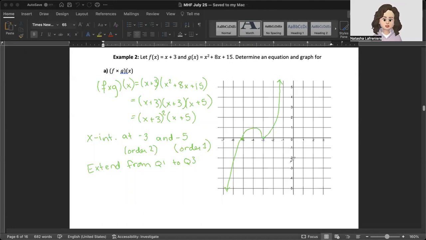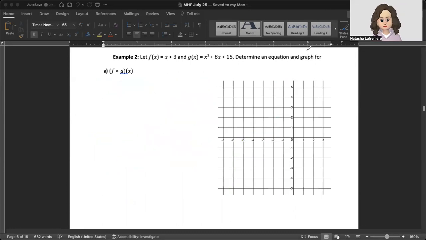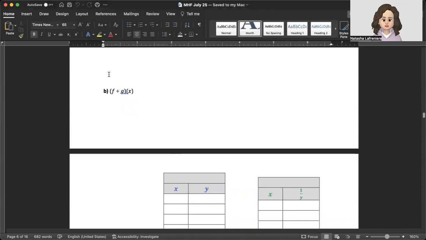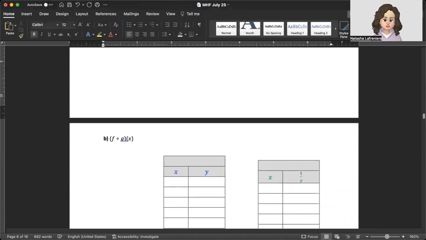And we've got our next one, which is the quotient of a function. So I'm clearing this. I'm going to push this down, that way we can all have it there.